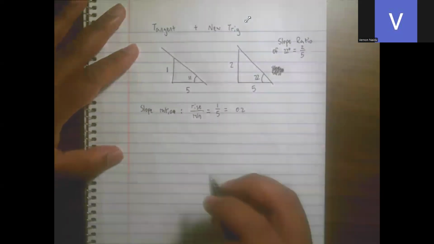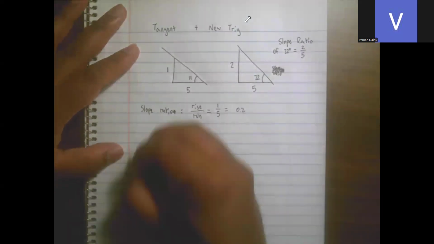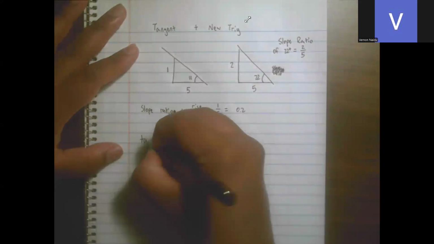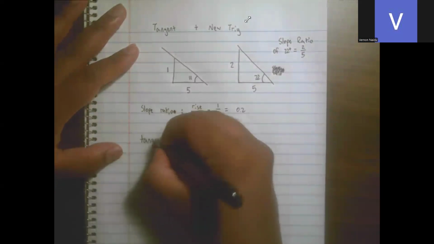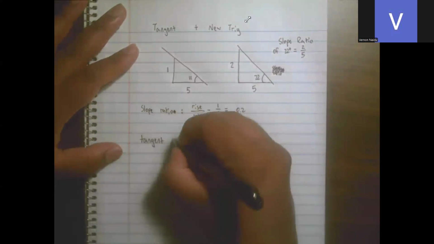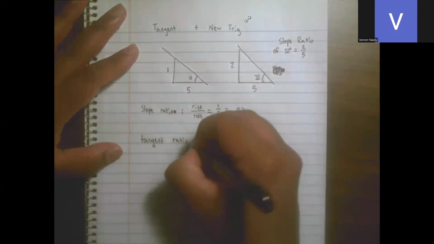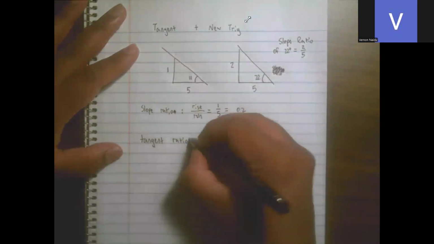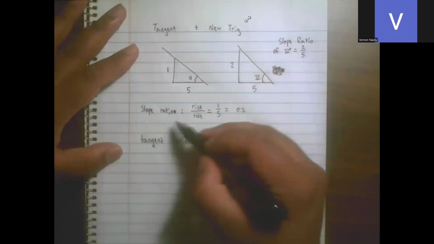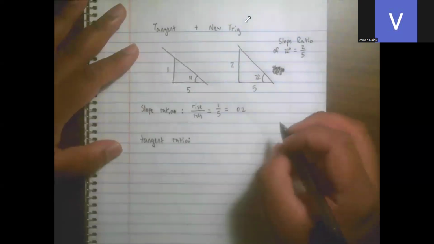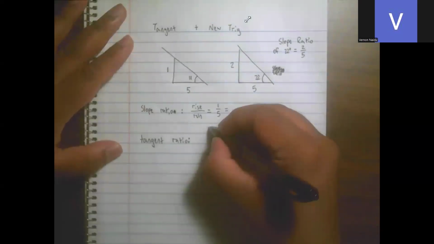Then we came up with the actual terminology, which was tangent ratio. This was like the proper name for what we had over here. So the tangent ratio is going to be defined like this.